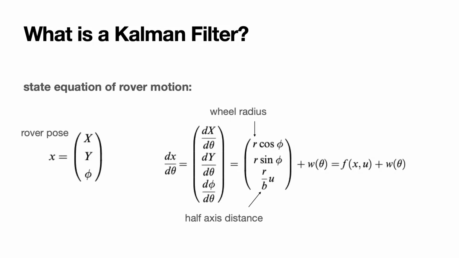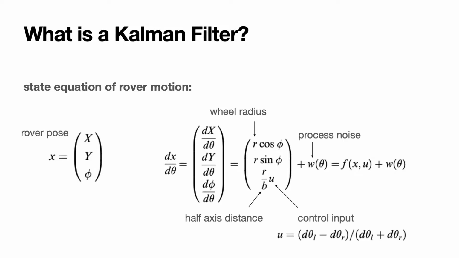Rover motion in x and y direction can now be described with the wheel radius and also the heading, and our heading can be described by using the wheel radius and the half-axis distance and also our control input.